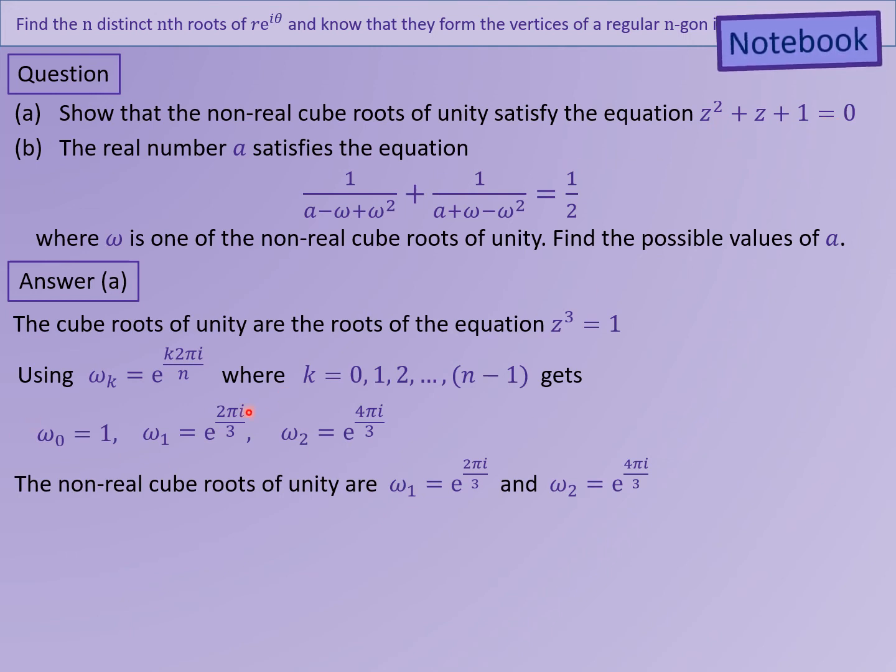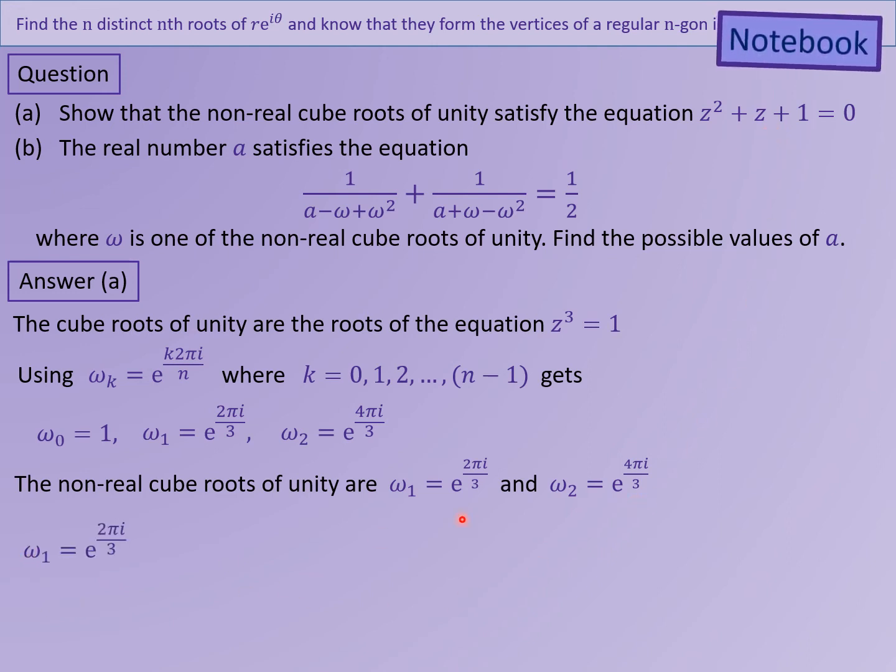That's why it's important not to think, oh, it doesn't work. 1 squared minus 1 plus 1 doesn't make any sense here. But they're saying, look, the non-real cube roots of unity satisfy this equation. So just the non-real ones. The real one doesn't work for it. So let's just check. We've only got 2 numbers to check.